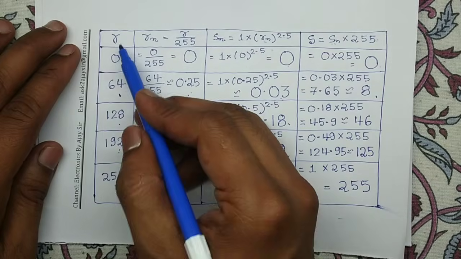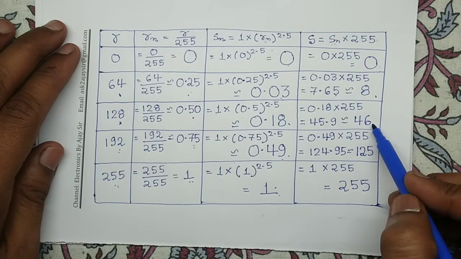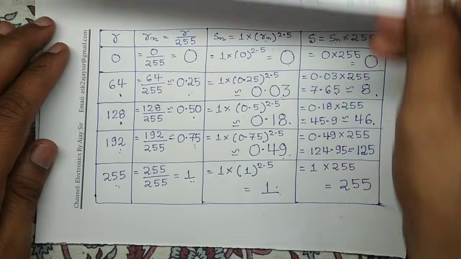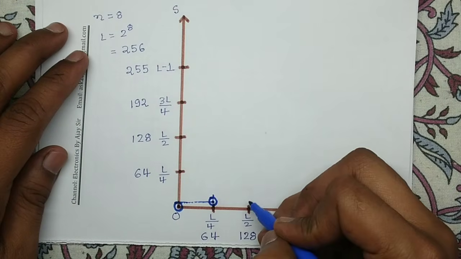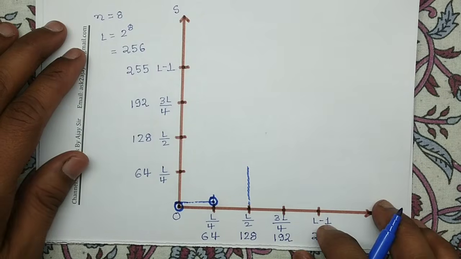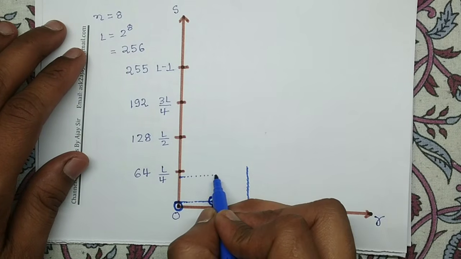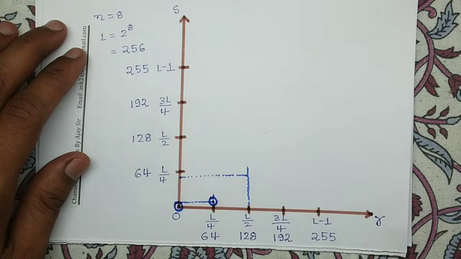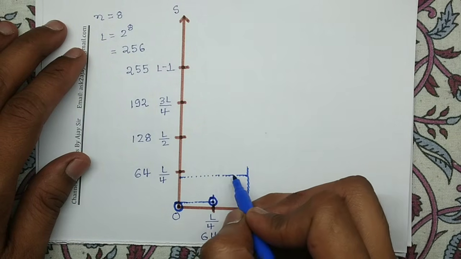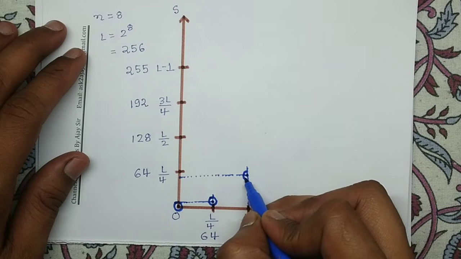Next, when r equals 128, s equals 46, a little bit closer to this point L by 4, tentatively representing this point.